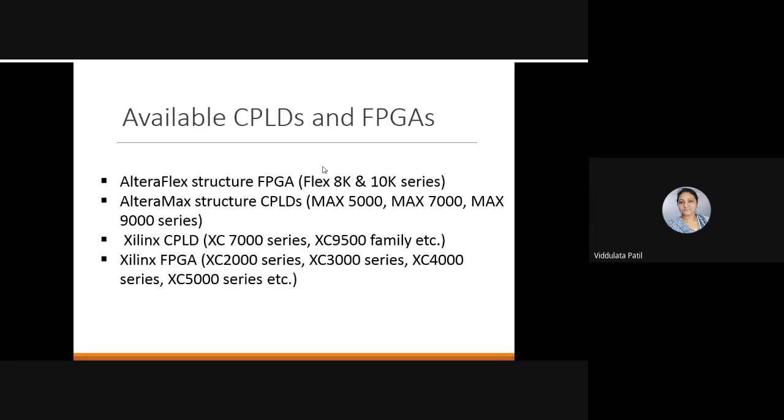Then Xilinx CPLD XC 7000 series, then the XC 9500 family. So these are available. And then in the Xilinx FPGA family, XC 2000 series, then XC 3000 series, XC 4000 series, XC 5000 series are available.